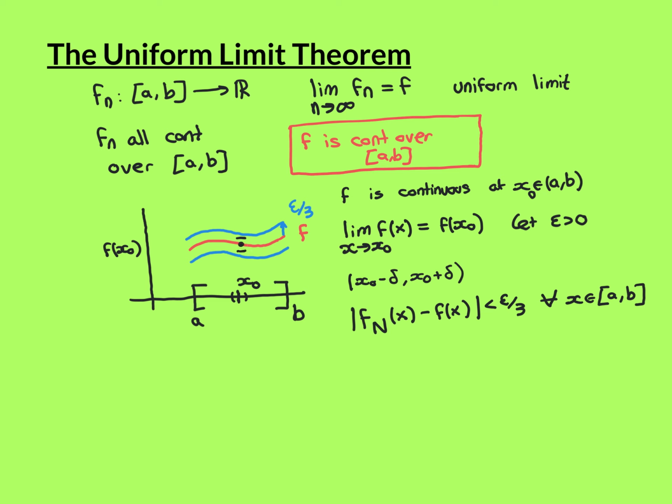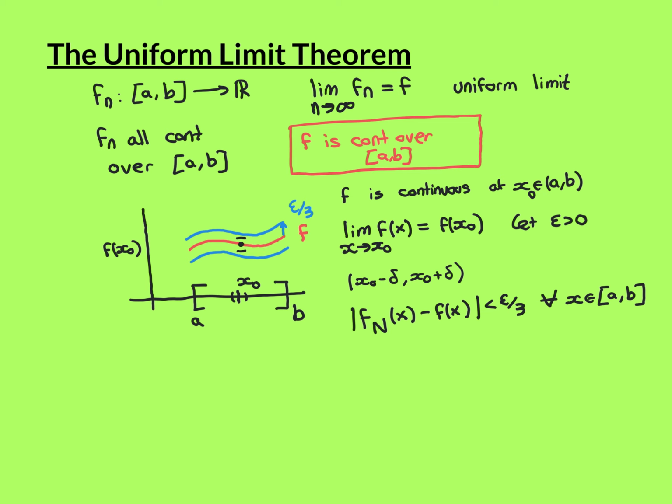Then, by the uniform convergence criterion, I know that I can go along in this sequence of functions to some f big N such that f big N of x is always inside this really tight blue tube around the red limit.